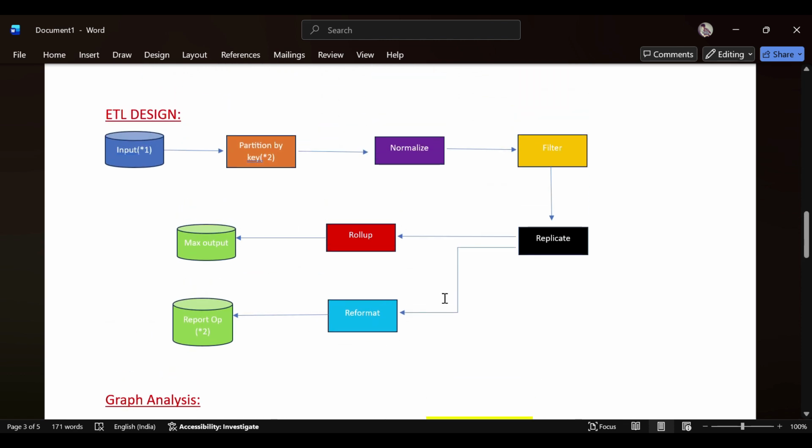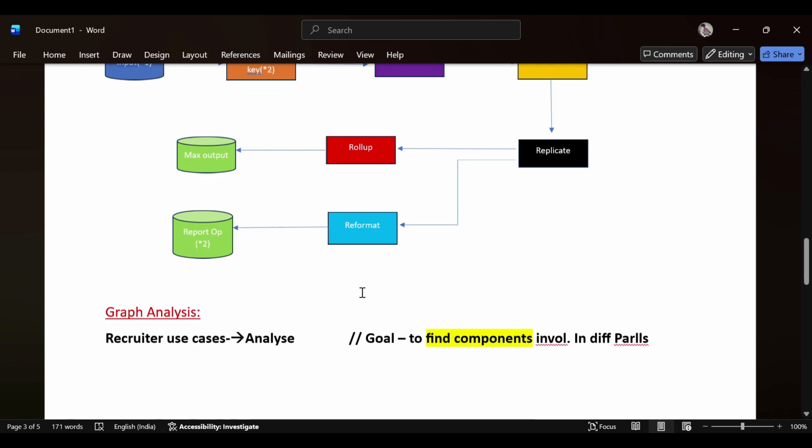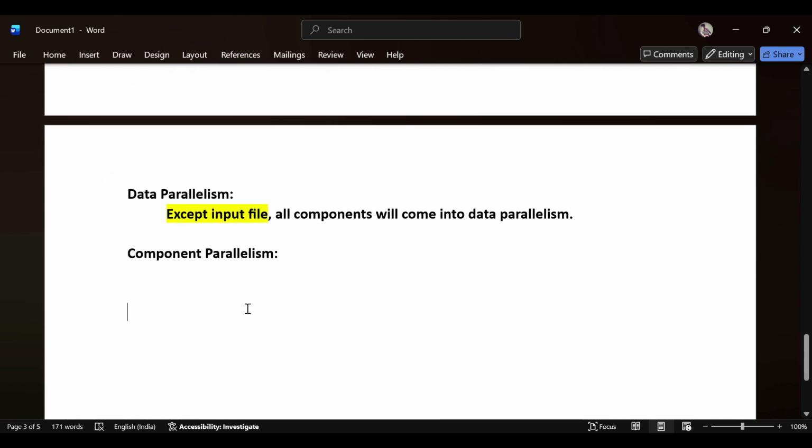When you come to the last, component parallelism, here is what's happening. After replicate, you have to tell them we are taking the same data and putting it into different components. So you have to take the flow after replicate: the rollup and then reformat.